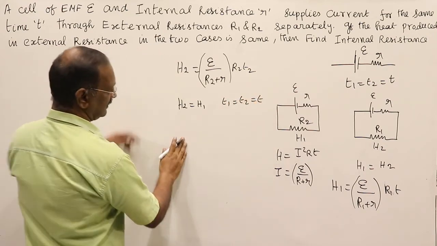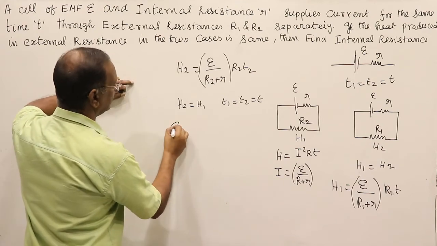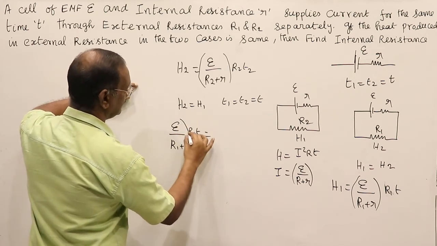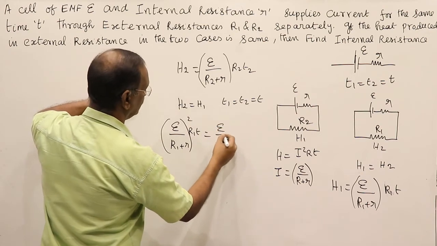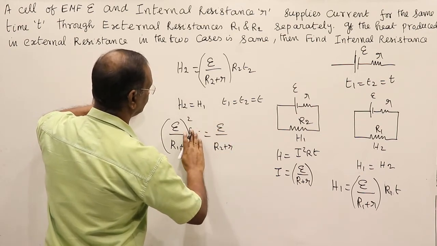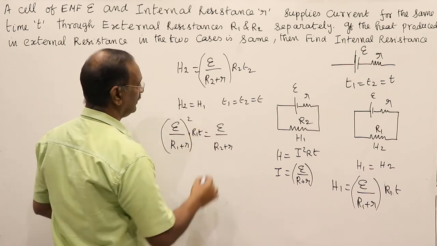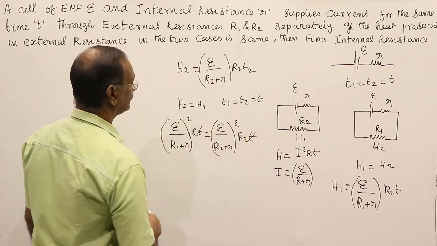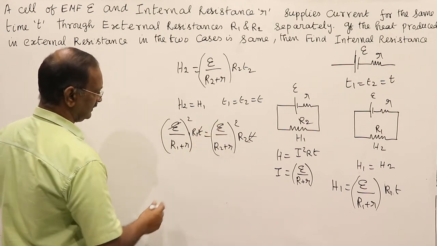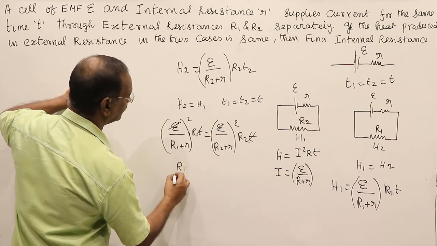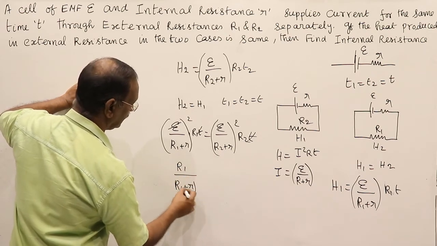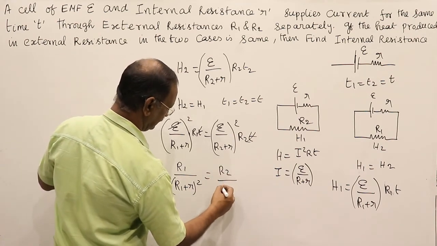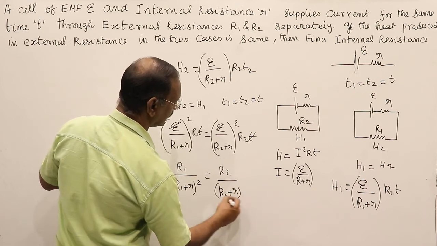It is given that H2 is equal to H1 and T1 is equal to T2 is equal to T. So comparing H1 is equal to H2, epsilon by R1 plus R whole square into R1 into T is equal to epsilon by R2 plus R whole square into R2 into T. Cancelling epsilon and T, this equation becomes R1 divided by R1 plus R whole square is equal to R2 divided by R2 plus R whole square.